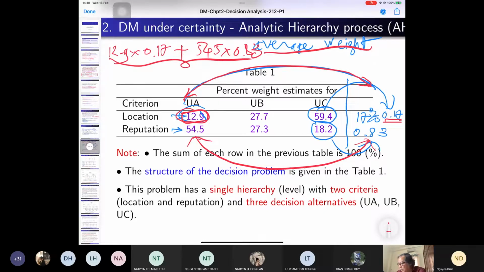So you write down some number here. Let me take the calculator, and then we calculate. 12.9 multiplied by 0.17 plus 54.5 multiplied by 83.